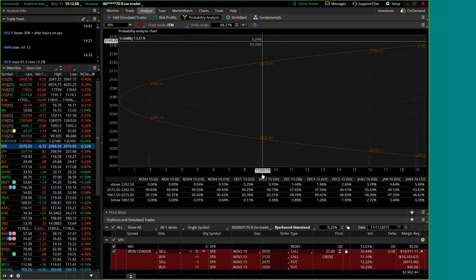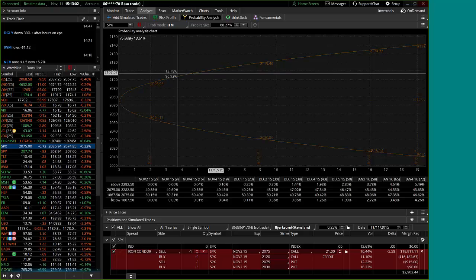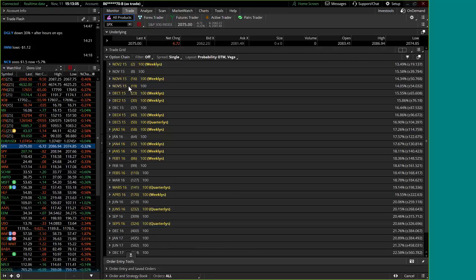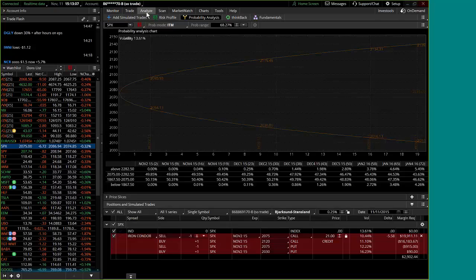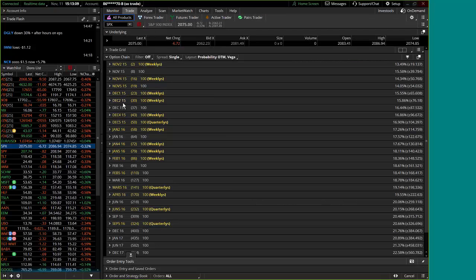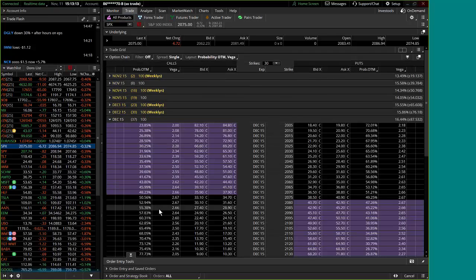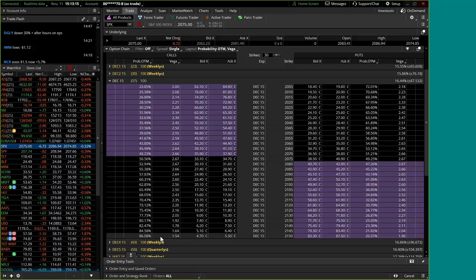When you're calculating probability in trades, the probability is going to differ. If you calculate it from the trade tab versus the analyze tab, it's going to be different. Let's look at the 37-day options and the 2150 strike. The 2150 strike, 37 days out, shows that you have an 86% probability of that option being out of the money. Okay, 86%.